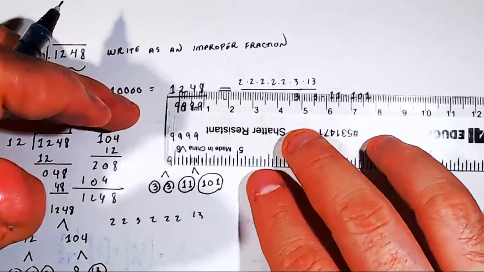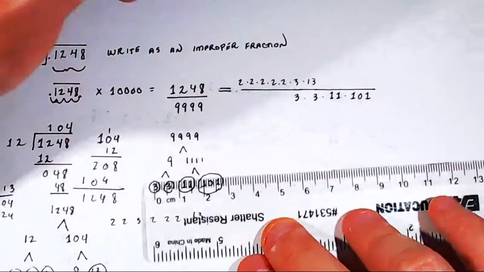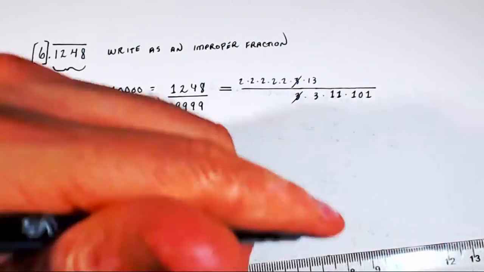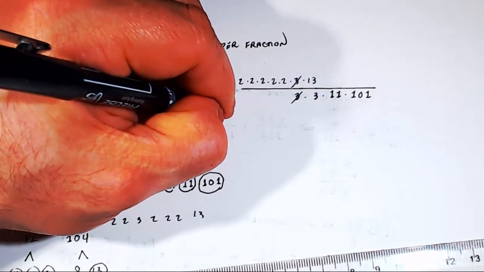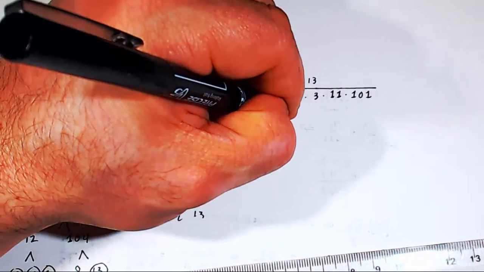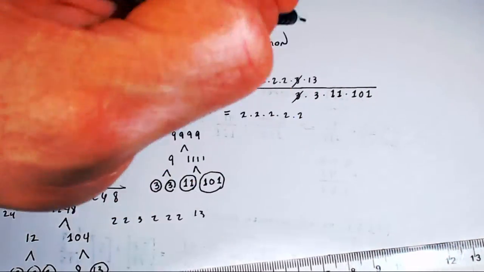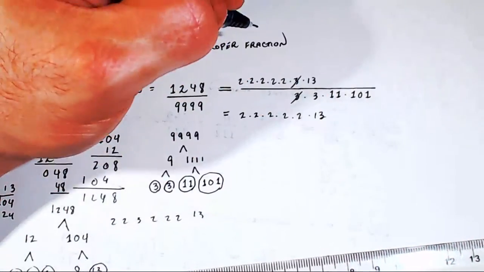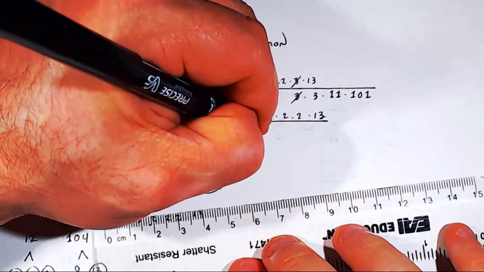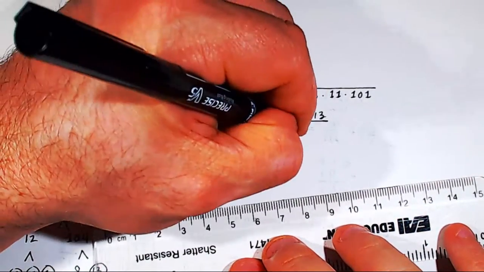The reason I wrote it like that was so we could see what would cancel, and this would cancel, just that 3. And so what we're left with here is 2 times 2 times 2 times 2 times 2 times 13 over 3 times 11 times 101.